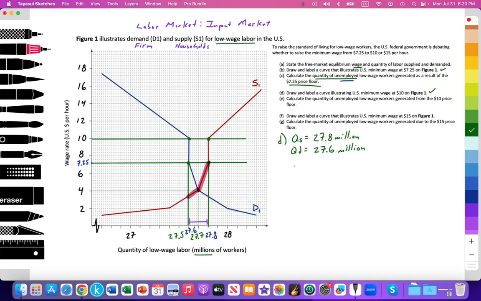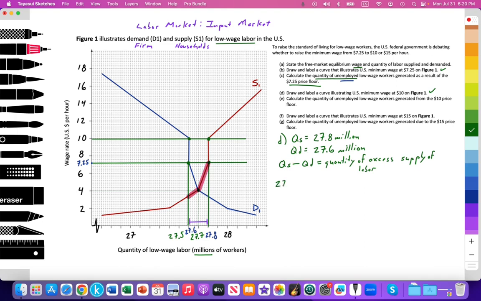So calculate that quantity. We're going to show our work. So it's going to be the difference between the quantity supplied minus the quantity demanded will give us the quantity of excess supply or unemployed. Quantity of excess supply of labor. So we're going to show our work.